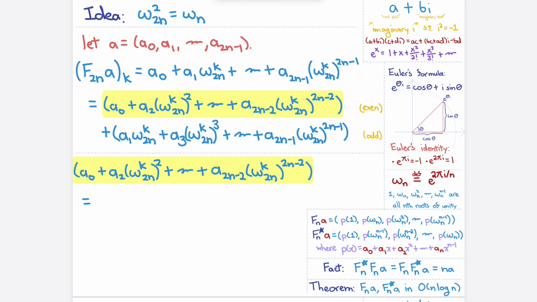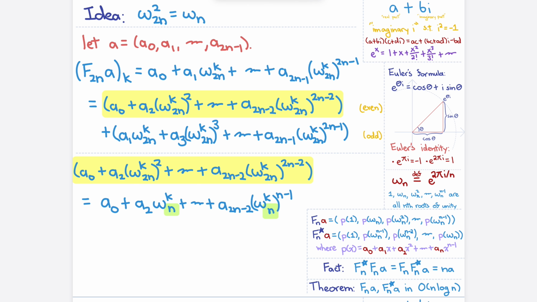Okay, so I have all these even powers, right? So I can square this, I can square that, I can square everything. And what you're left with is now you're just looking at the nth roots of unity, and all those degrees have gone down by a factor of 2. Up here I had degrees 0, 2, 4, 6, 8, 10, 12.